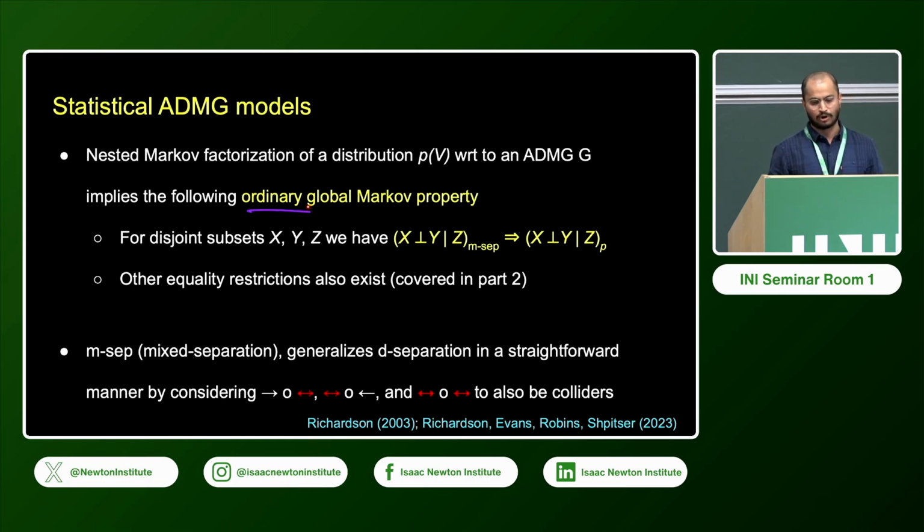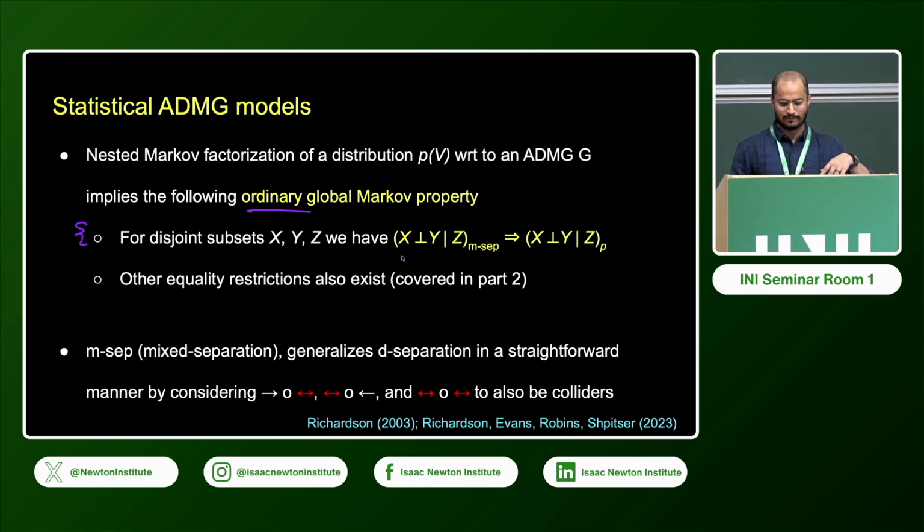I'm saying ordinary because this only lists conditional independence constraints. It doesn't list Verma constraints. And what it says is that for disjoint sets X, Y, Z, we have that m-separation in the ADMG implies independence in the probability distribution, and other equality restrictions we'll get to.